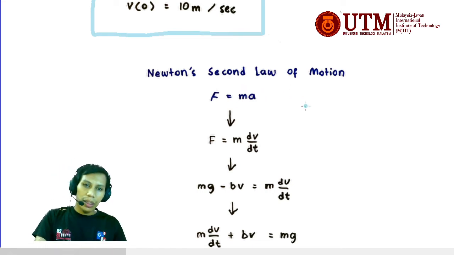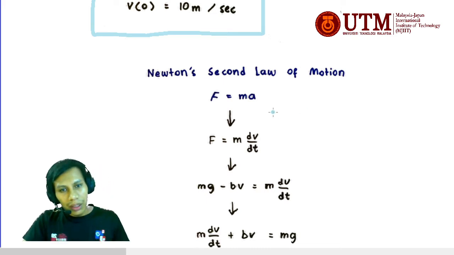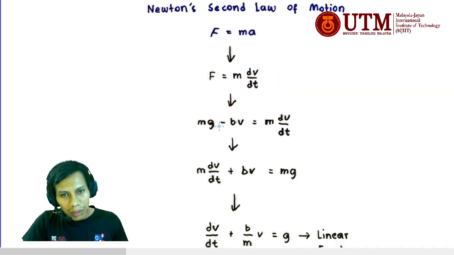So the acceleration here, we can replace with dv/dt, the change in velocity with respect to time. And then the force, we can replace with the two forces that we have, which are air resistance and gravity, which is mg minus bv.